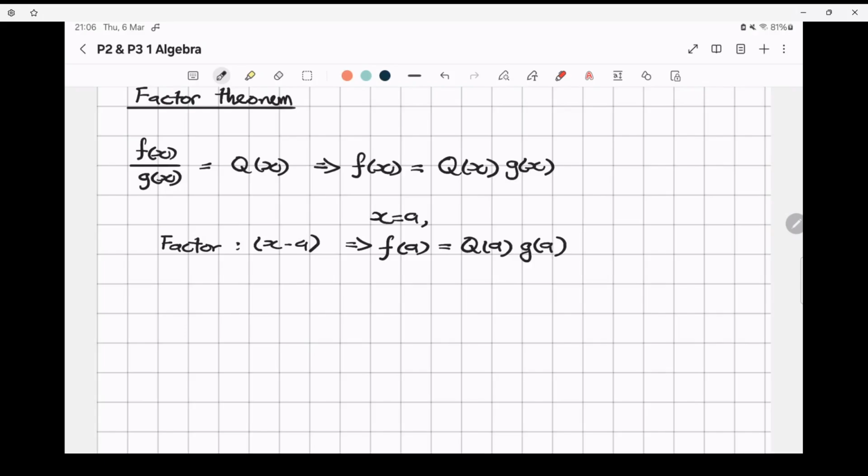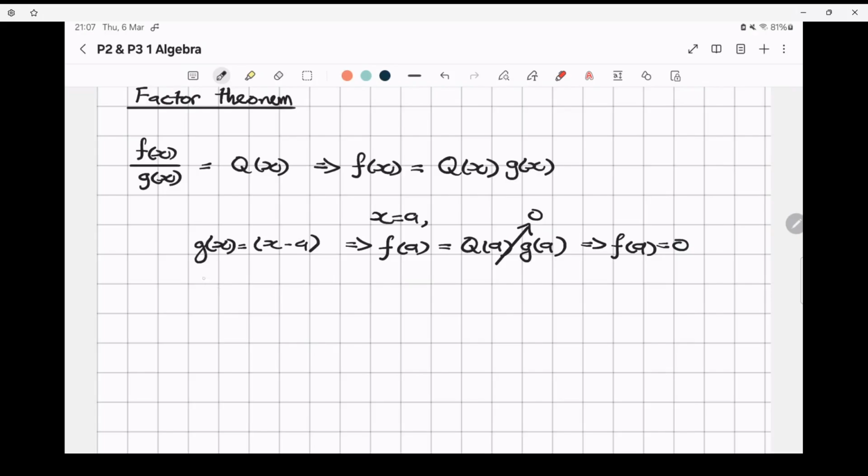And your factor is g(a). If your factor has x minus a form, then when you substitute a inside, this part goes to 0, right? So it means that your f(a) is 0.